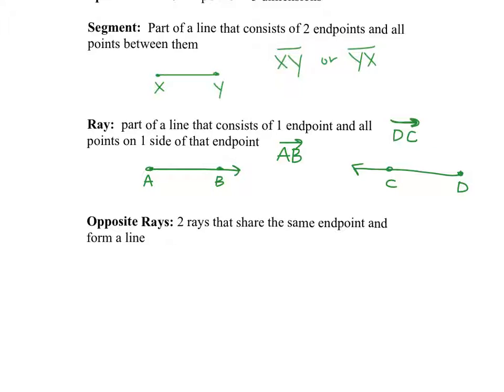Okay, last definition is opposite rays. If you take your rays and you point them in opposite directions, they have to share an endpoint. So my endpoint's going to be in the middle here. We'll call this C. If I put a point A over here and a point B over here, they're going to form a straight line, but they have to only share that endpoint. There can't be any other overlap. So we would call these two rays what?